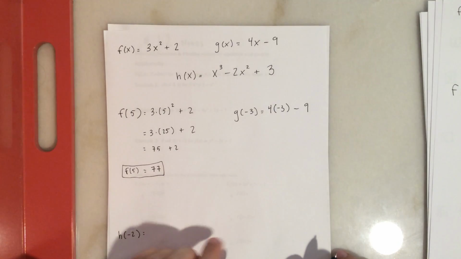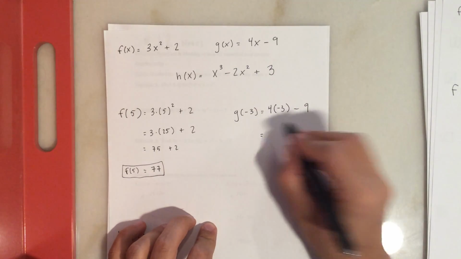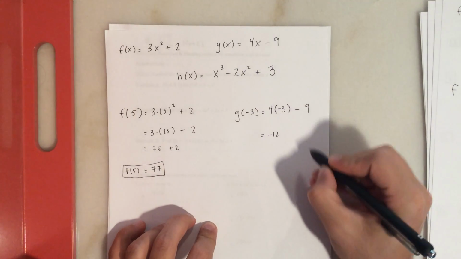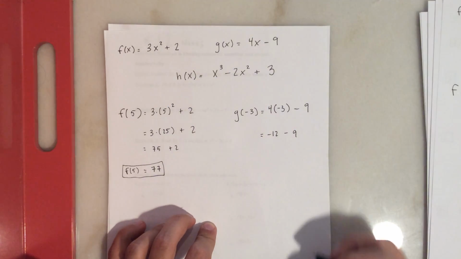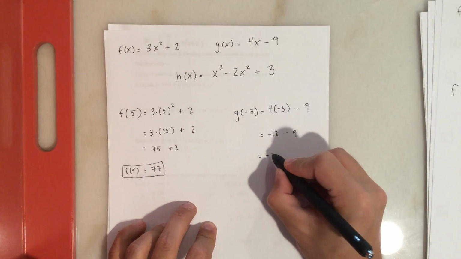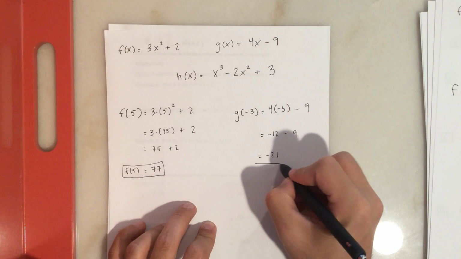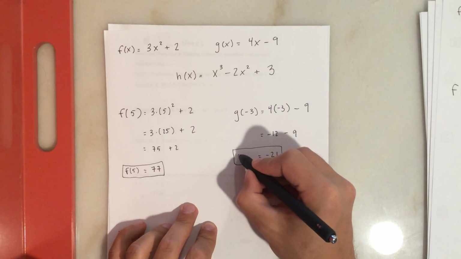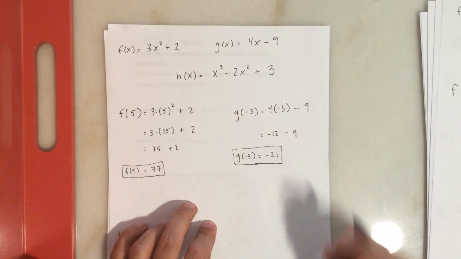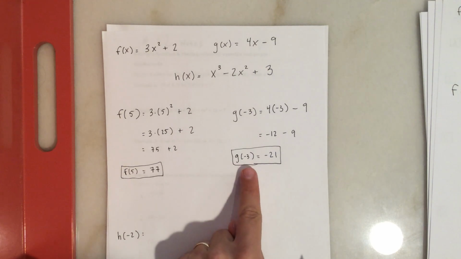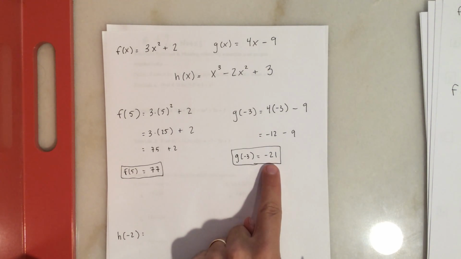So this should be a pretty easy evaluation problem. 4 times negative 3 is negative 12, minus 9. And negative 12 minus 9 is negative 21. So g of negative 3 is negative 21. When x is negative 3, y is negative 21.